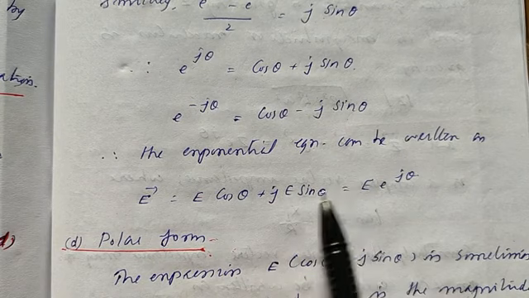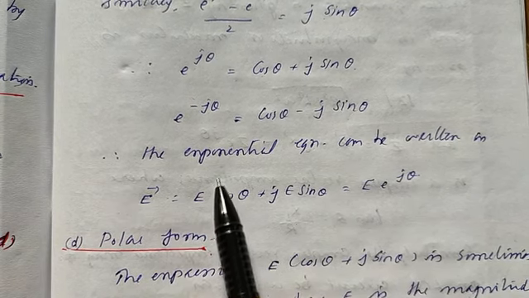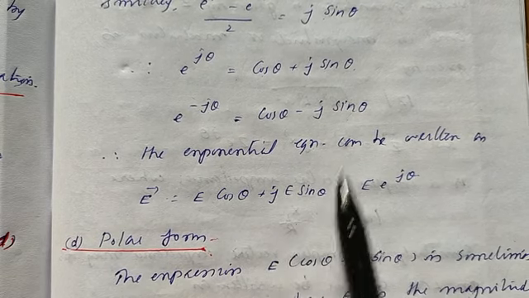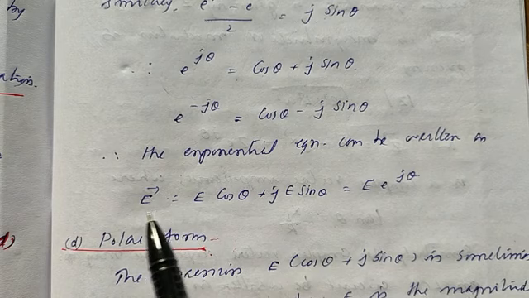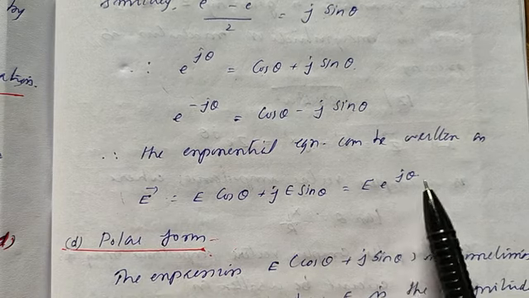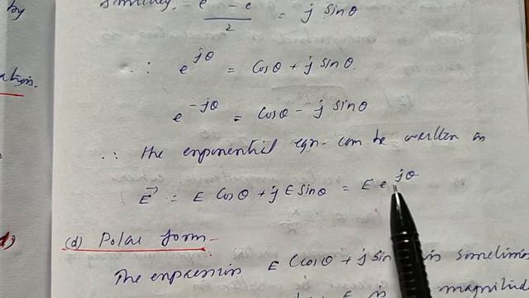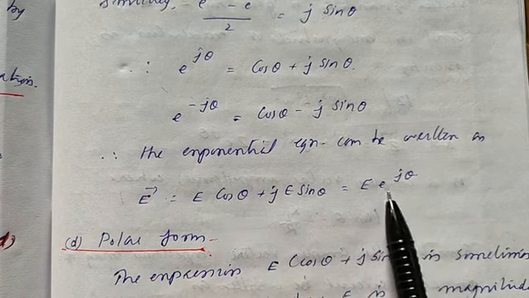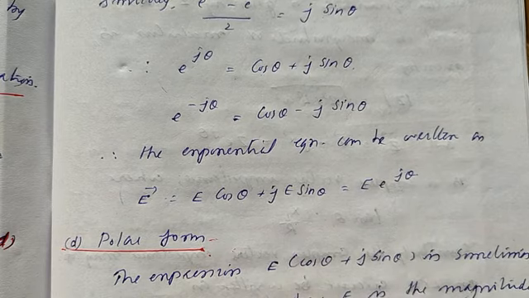Since E can be taken outside as common, the remaining term is cos theta plus j sin theta, which is nothing but e raised to j theta. So this vector can be represented as E into e raised to j theta. So this is the exponential form of representation of a vector using the operator j.